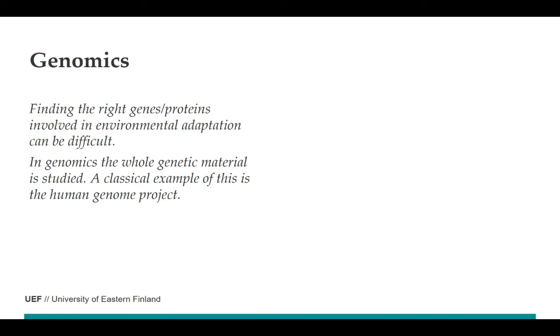And the classical example of genomics is the Human Genome Project, where we know each nucleotide in the human genome and can compare what has happened or how they function. And after the Human Genome Project, this has been expanded to several other animals also.